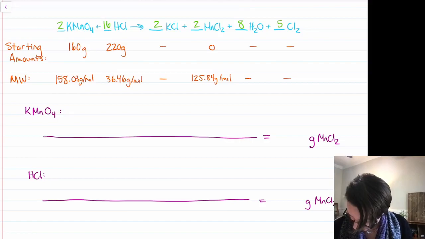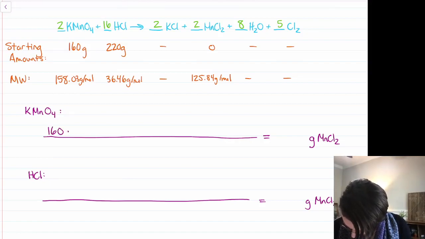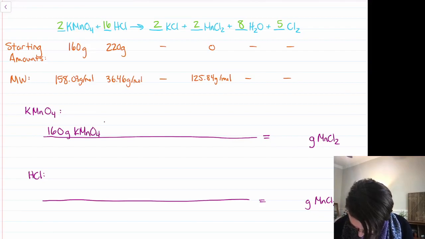And so, dimensional analysis style, we are always going to be trying to cancel our old units diagonally to get to the new unit. So we're going to start off with our 160 grams of potassium permanganate. Go ahead and put that over 1.